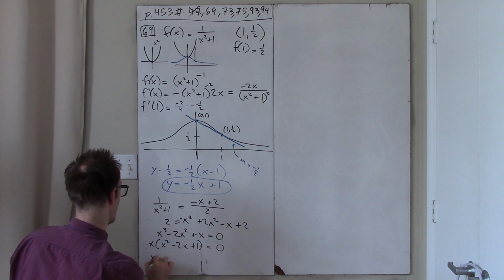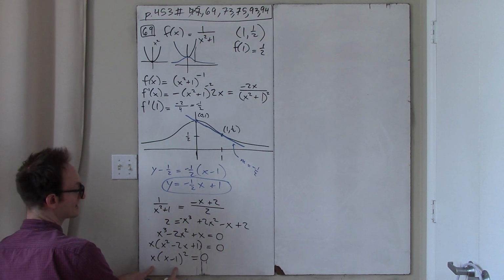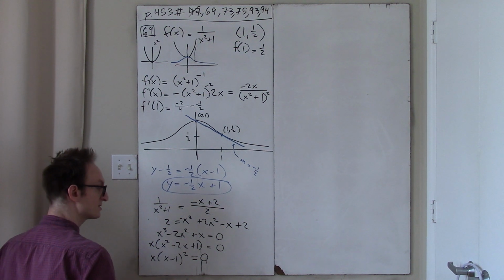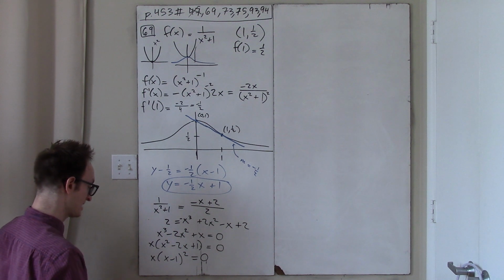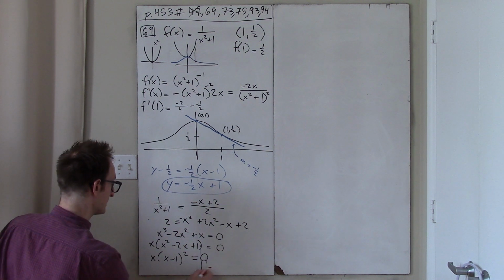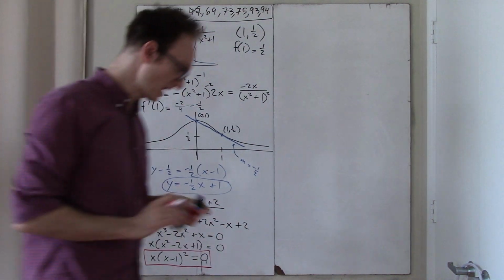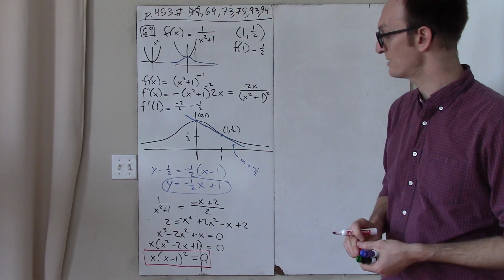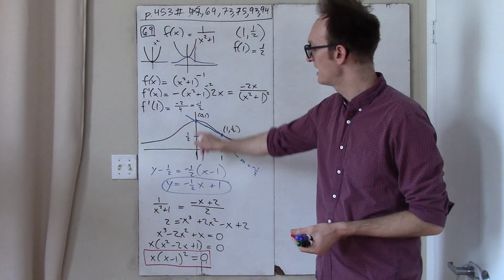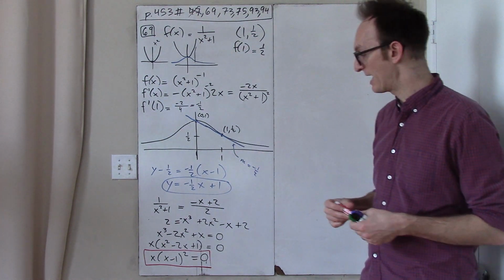And so, okay, this is not particularly helpful, but what I've just done is I've solved for the points of intersection and found that they are 0 and 1. In fact, there's something mildly interesting here: this equation that I just solved was for the points of intersection of the function and the tangent line. What I found is that they intersect at 0, which I knew already, and at x equals 1, which I knew already.